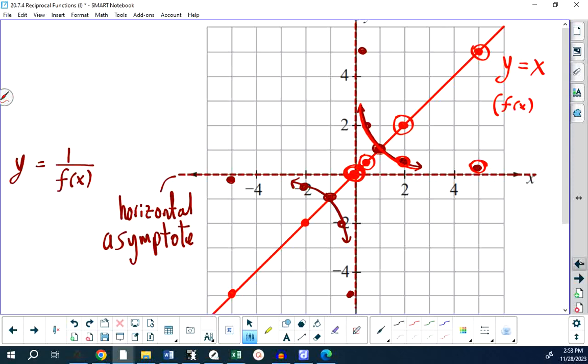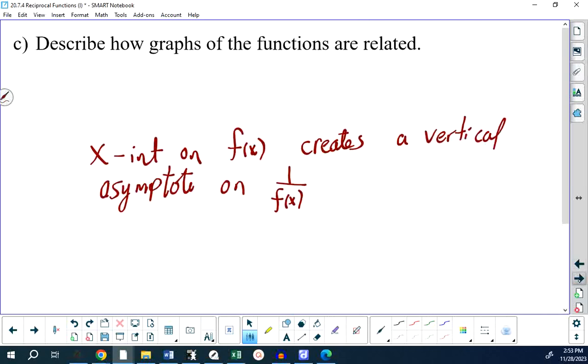Well, what that means is as the red graph goes up, the brown graph has to go down. So wherever an original function is increasing, the reciprocal is decreasing. If f of x increases, 1 over f of x decreases. And the opposite would be true. If the function is decreasing, then the reciprocal will be increasing.